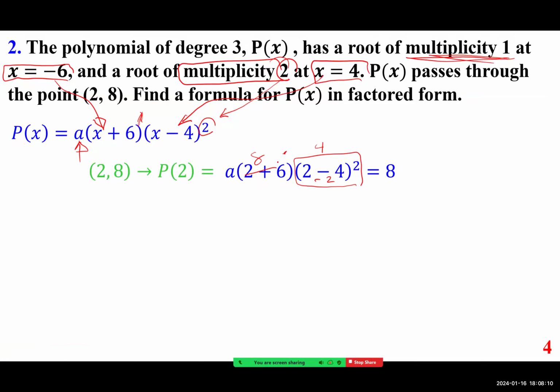So 8 times 4 times a. Negative 32a is 8. Divide by negative 32, positive 32, because it's minus 2 quantity squared. Divide by 32, and we get 1/4.